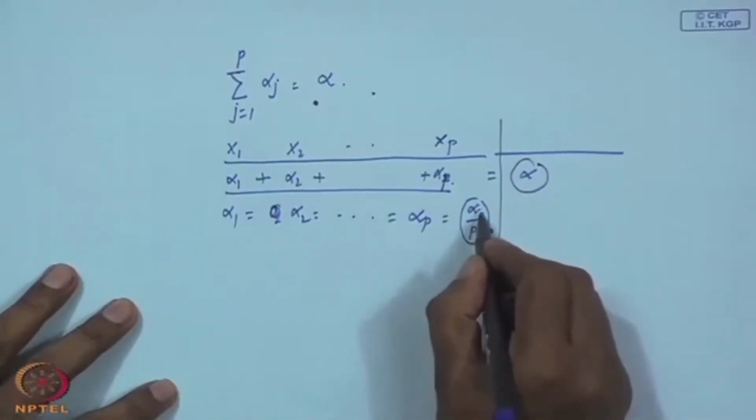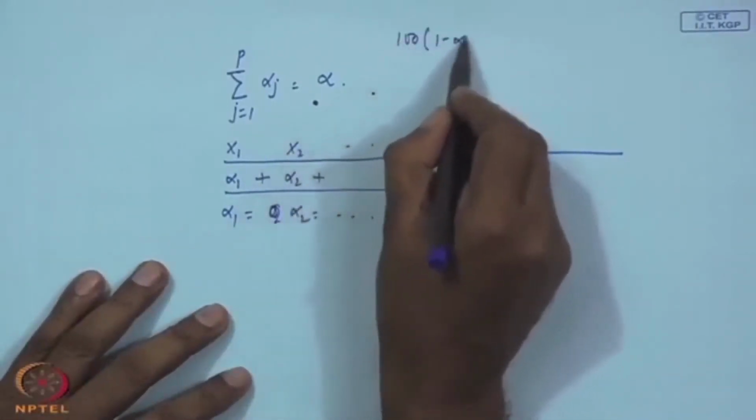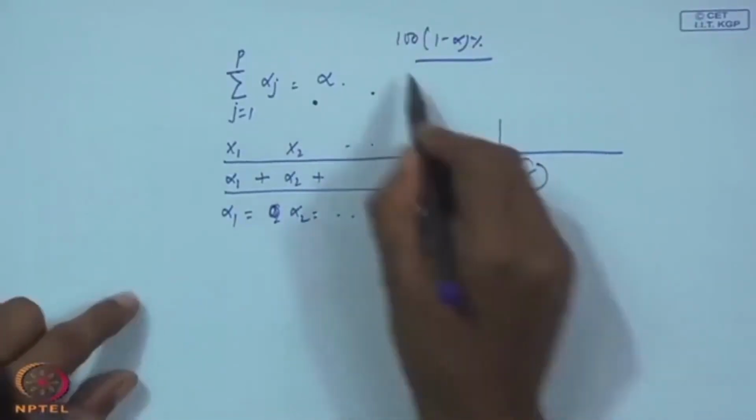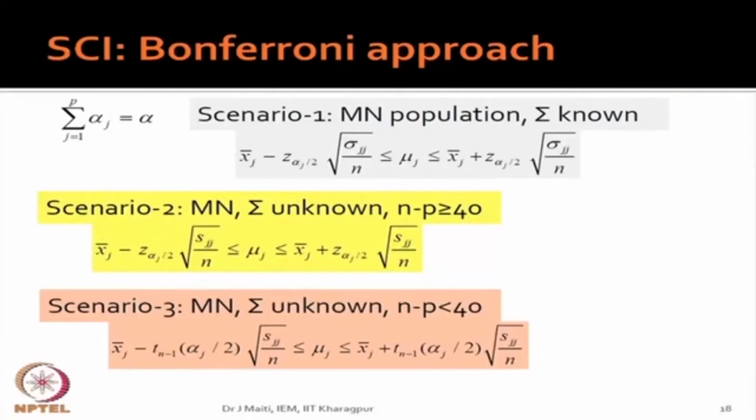And what will this alpha be? That all depends on what your 100 into 1 minus alpha percent confidence interval is. Okay. Now, let us see, using this for different scenarios, what the confidence intervals are.